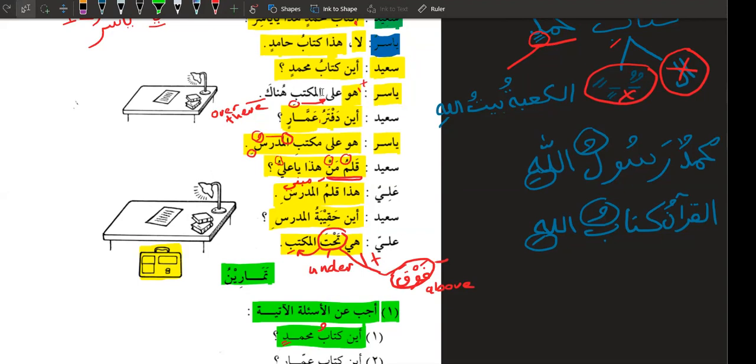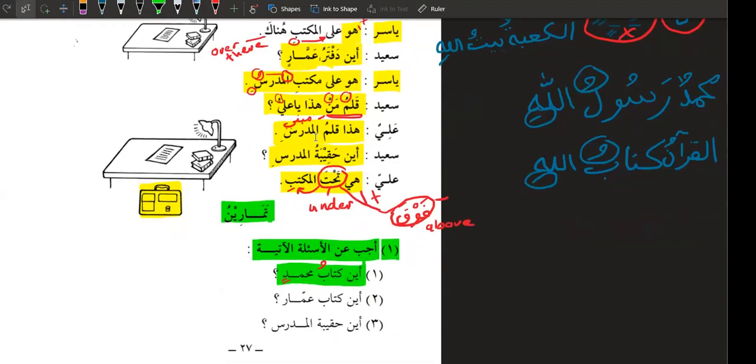Not كتاب. هو على المكتب هناك. So the answer is it's on the desk over there. So the answer is هو على المكتب. So where's Muhammad's book? It's on the desk over there.